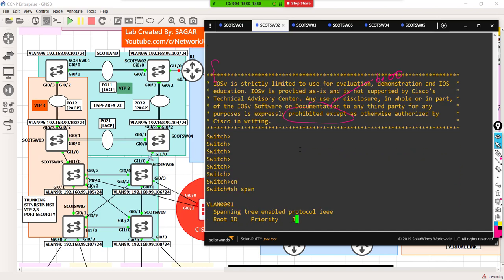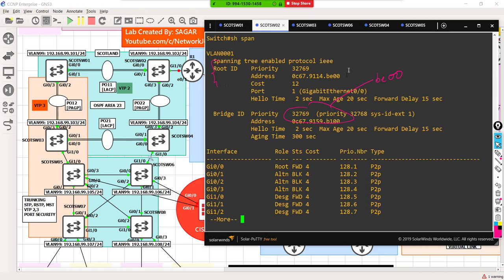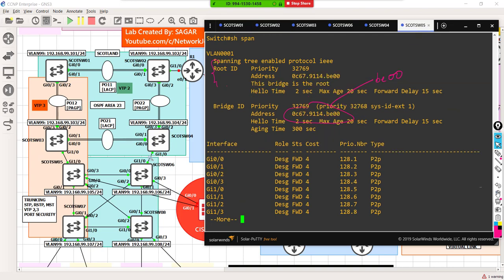Show spanning tree from the second switch. This has also started pointing to switch number 5. Okay. Now it's all good. We know it did its calculation. There were 50 seconds of hold time for the transition, all those things.